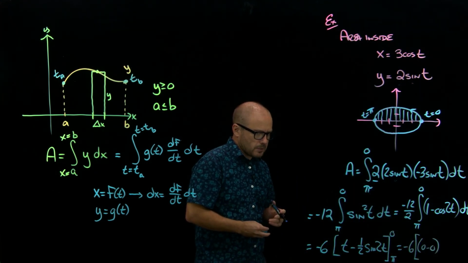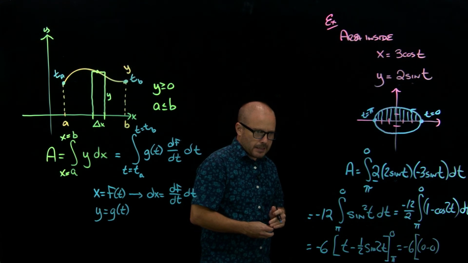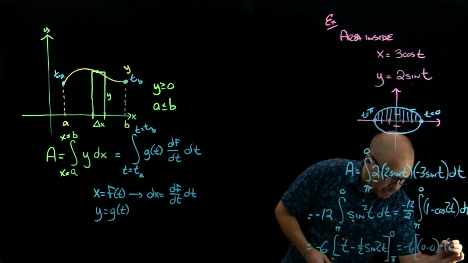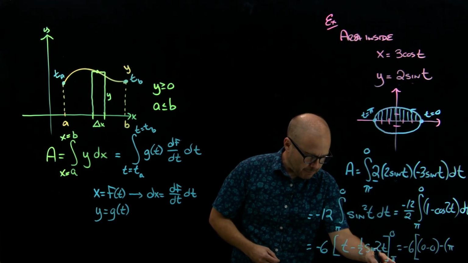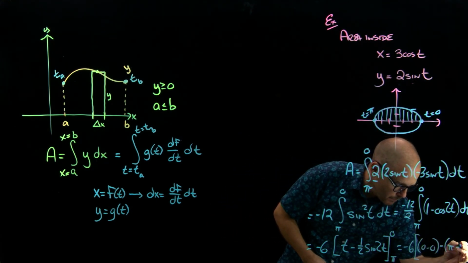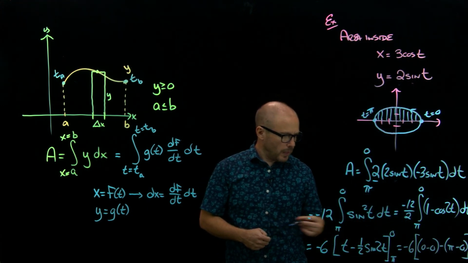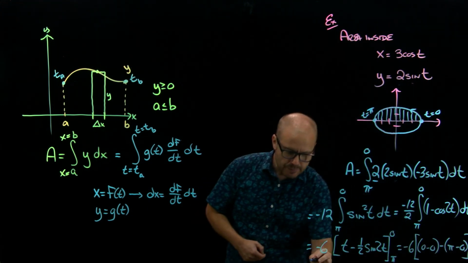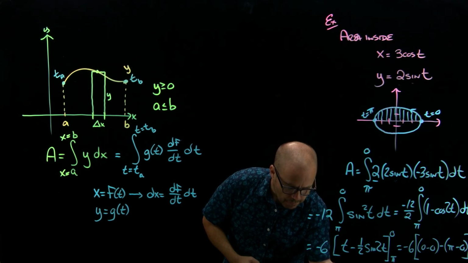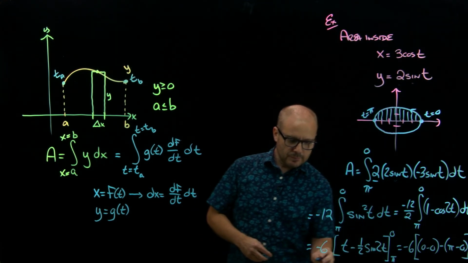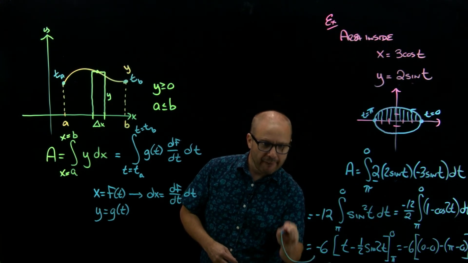And what about at pi? We'd have minus, pi into there is pi. Pi into the sine is 0. So we have just -6 times negative pi, or 6 pi. I'll put this up here where you can see it.